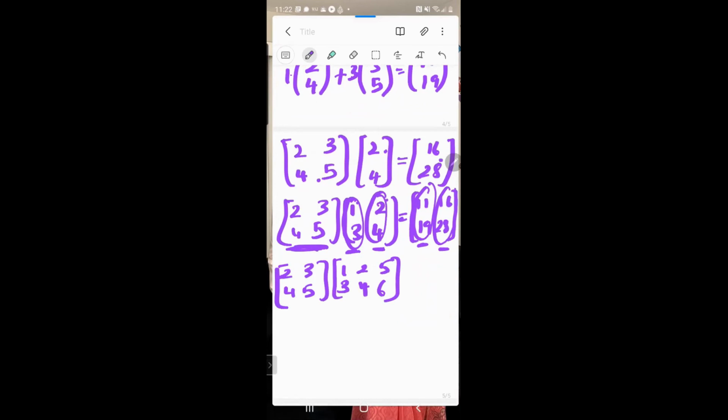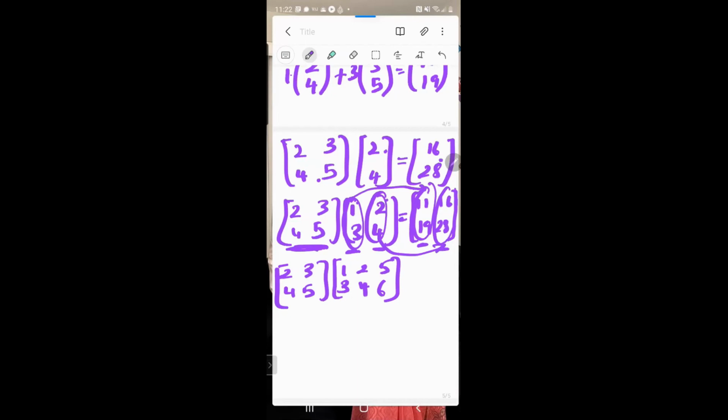Would the answer be 27, 47? No, it's not 27, 47, because vector 1, 3 resulted in vector 11, 19, and 2, 4 went to 16, 28. They are not going together. They are two separate vectors going into two separate places. So the answer is just these 4 numbers.